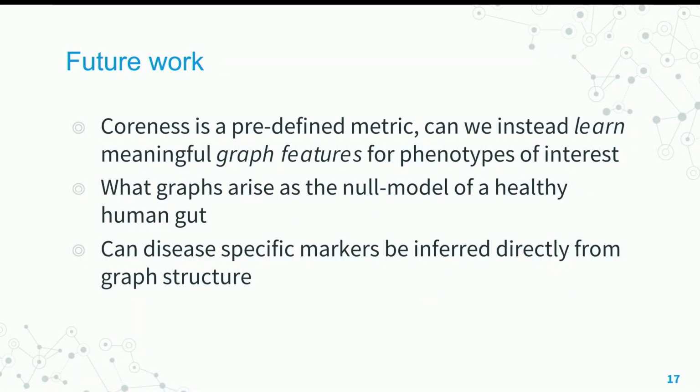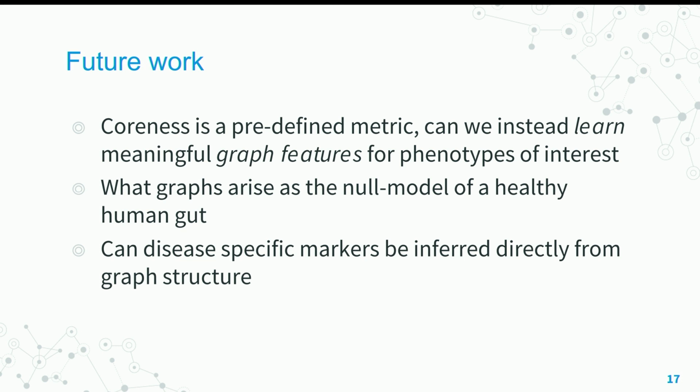Some of the future work that we want to look into is, so far all we're doing with this graph is predefined. We are thinking about what's a good metric, what's a good thing to measure. But one of the promises of AI, especially in terms of graph neural nets, is if we have a graph, can we learn what features of the graph are important?